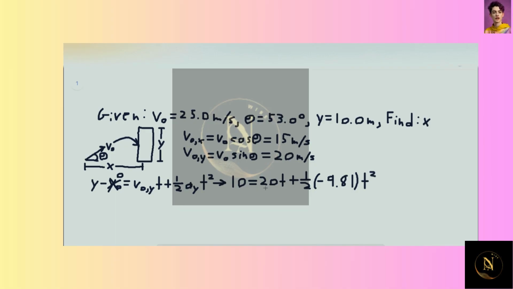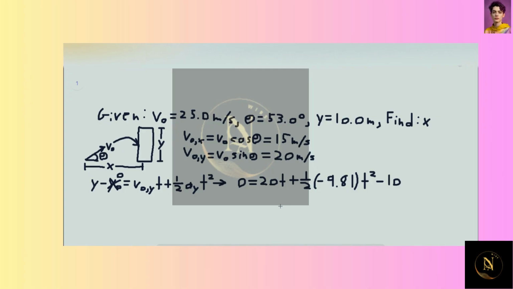Okay. So I can move the 10 to the other side here. If I do that, I'm going to have a minus 10, and then this is going to be 0 on the side. Okay, so now I have a quadratic, so I can use the quadratic formula. If I do that, I'm going to get 2 values for t.